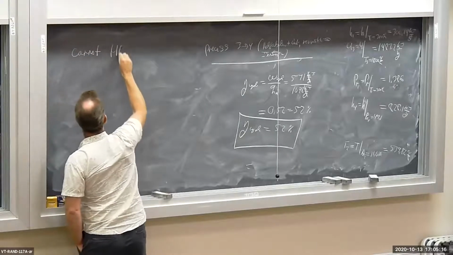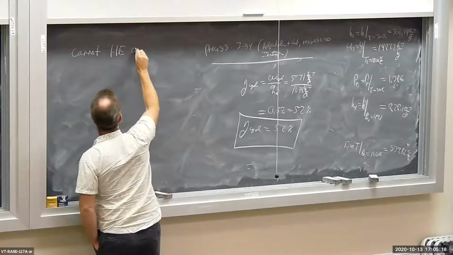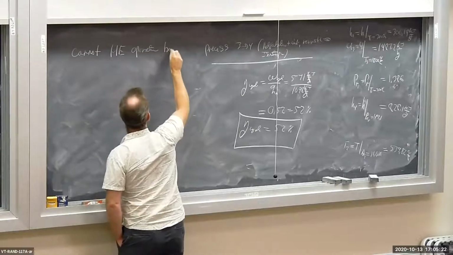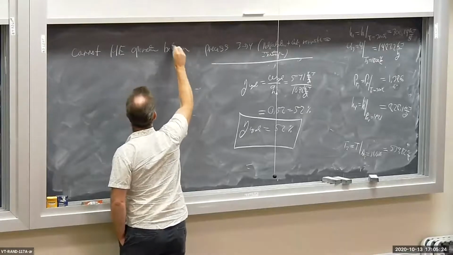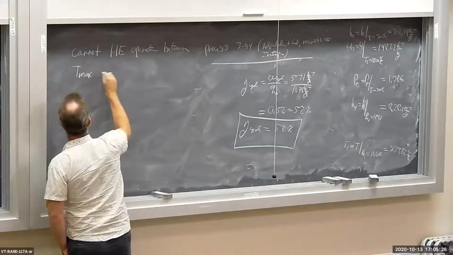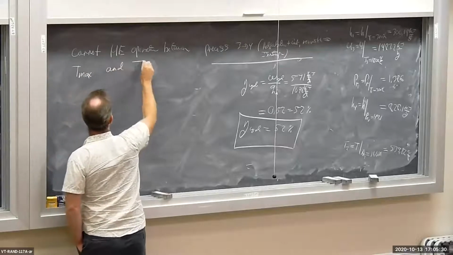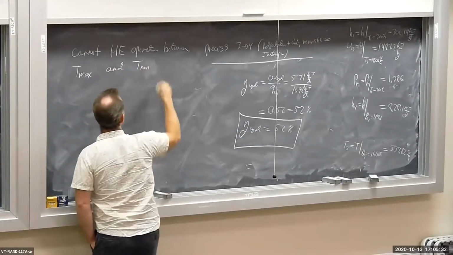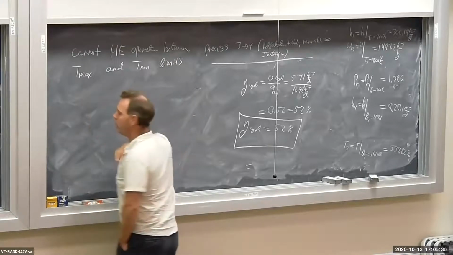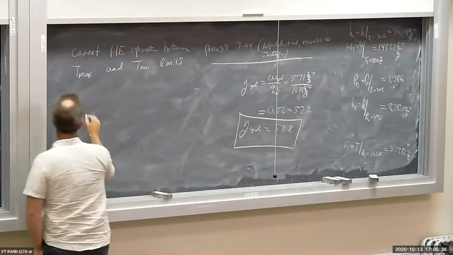Let's put Carnot heat engine operating between Tmax and Tmin limits. Let's do that. Let's put a Carnot heat engine operating.